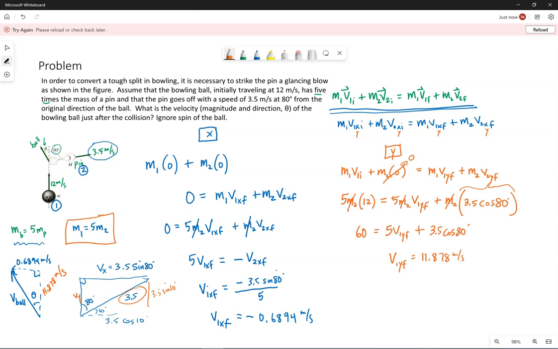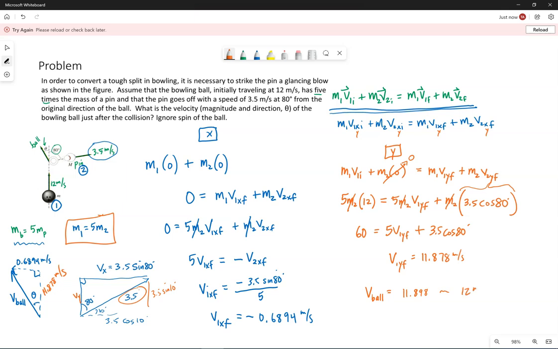The magnitude, the speed of the ball is simply going to be the Pythagorean theorem, which is essentially going to give us 12. But I'll show you what I get. 0.6894 squared plus 11.878 squared, square root, 11.898.